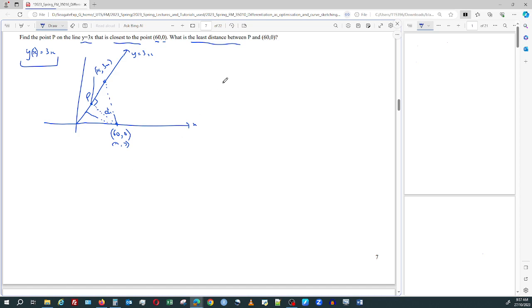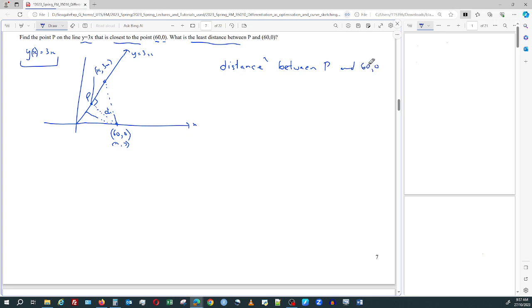So the distance equation is going to be given as a distance squared, as they always are. Our 2 points, which has values x and 3x.